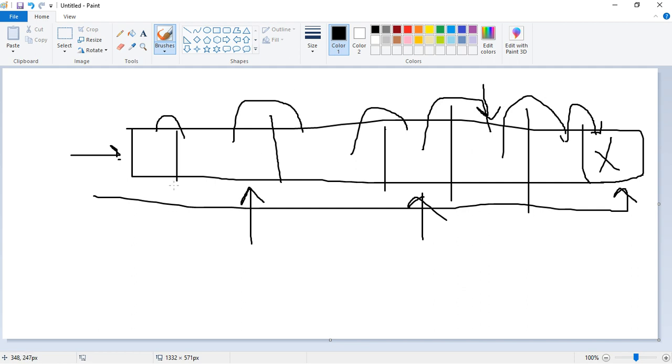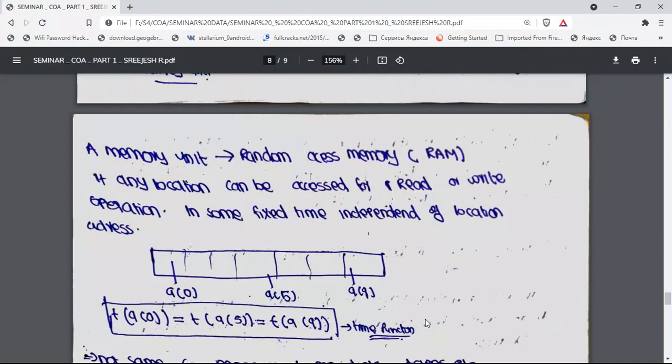The time taken is the same and does not depend on the data location. If I want to access data from location 0, location 5, and location 9, the time taken for accessing the data will be the same. That is what I said: data can be accessed from any point in a fixed time.